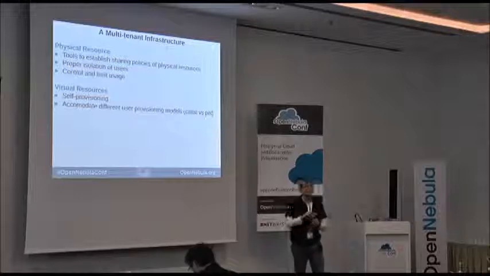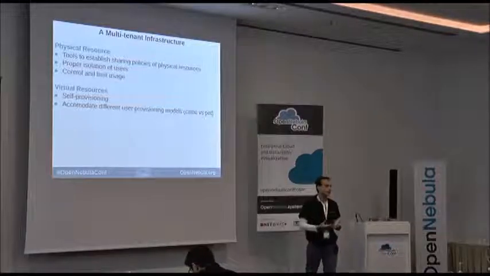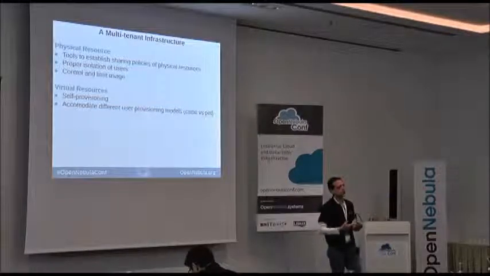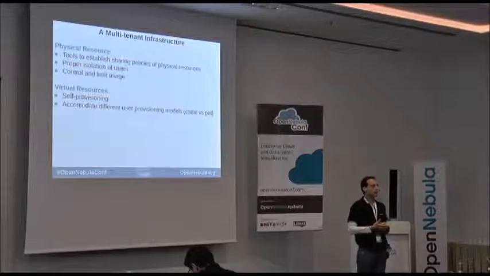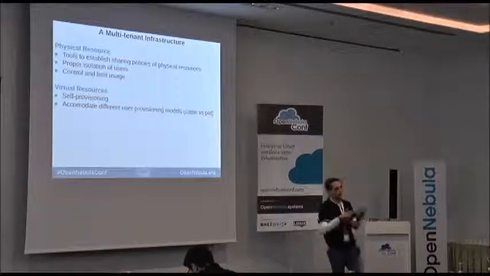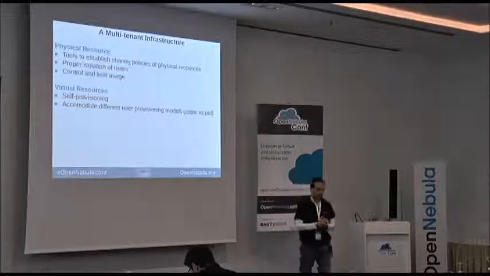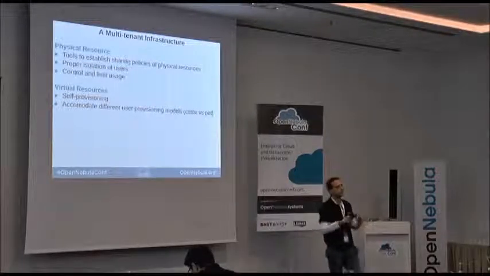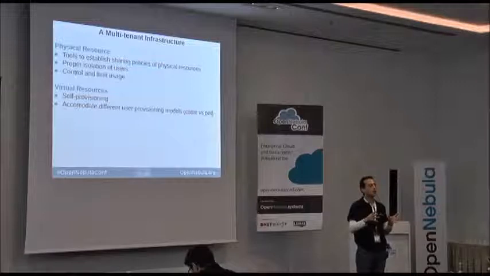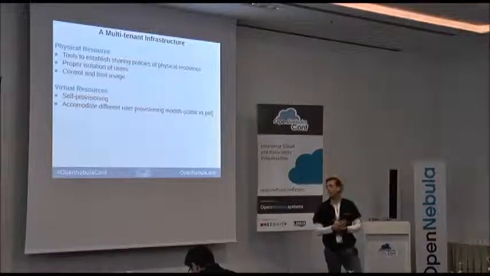And that's the third part. You need to control and limit the usage of your users, right? So these 3 points are, when you look at the physical infrastructure, the things that you will need from your cloud orchestration management tool, right?